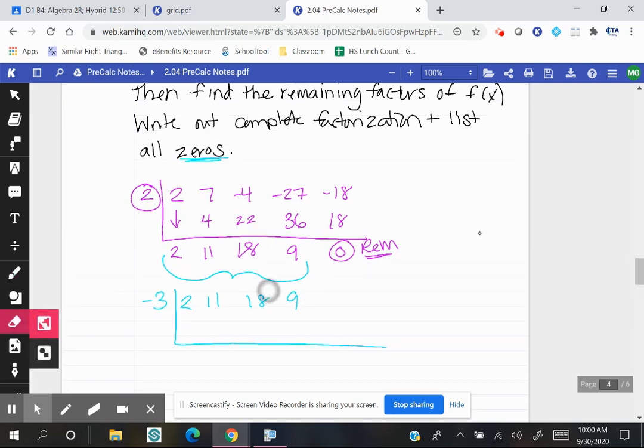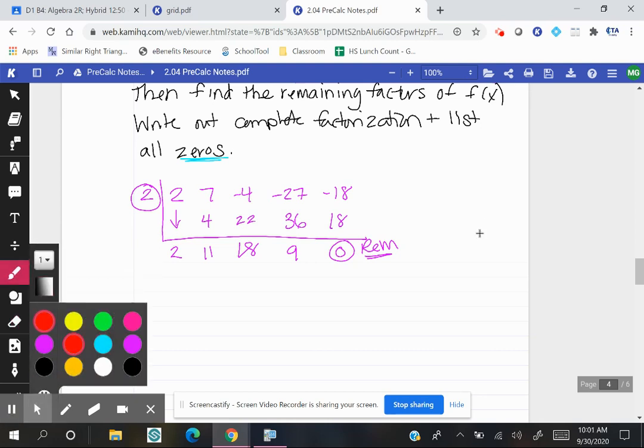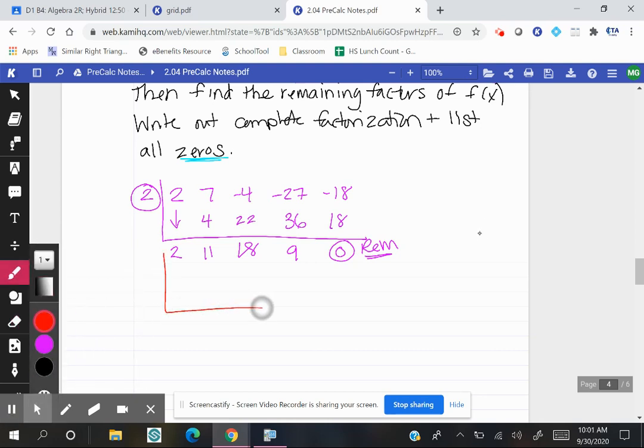Sometimes people shorten it a little bit. I'll show you a little shortcut here. It's okay if you already wrote that. Some people just go like this, so they don't rewrite it, and continue. So then we bring down our 2. Again, pause the video, do the synthetic division on your own, check to make sure you get the same answer.